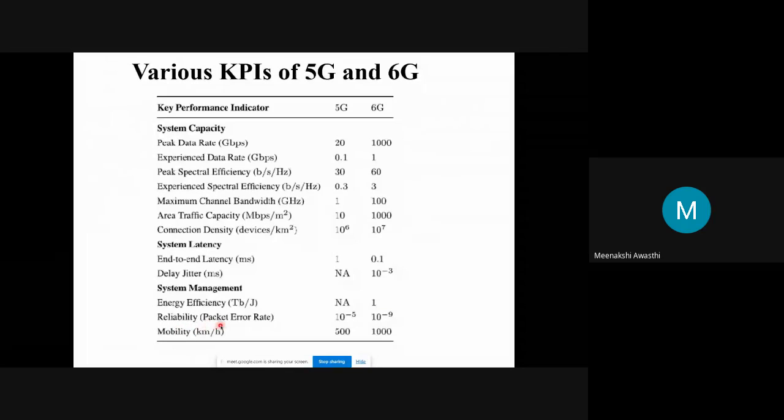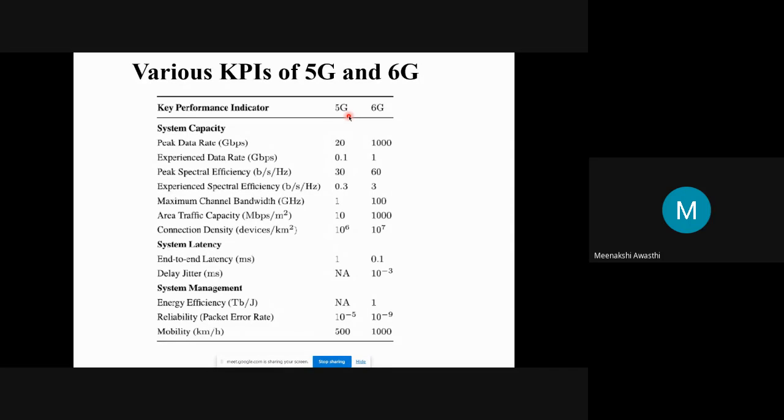Reliability, in packet error rate, is 10 to the power 5 in 5G, whereas it is 10 to the power minus 9 in 6G. Now, mobility, in kilometers per hour, is 500 kilometers per hour in 5G, whereas in the sixth generation we can expect 1,000 kilometers per hour. Here we can compare the evolution of 6G from 5G. 5G is yet to be deployed fully in India.